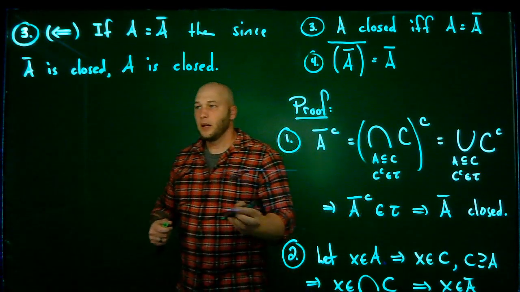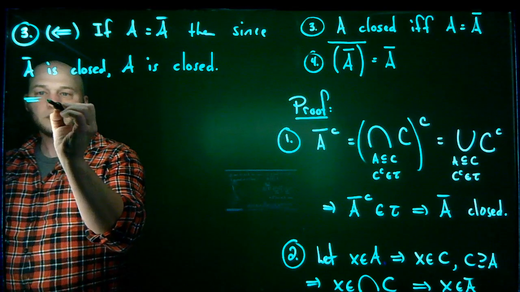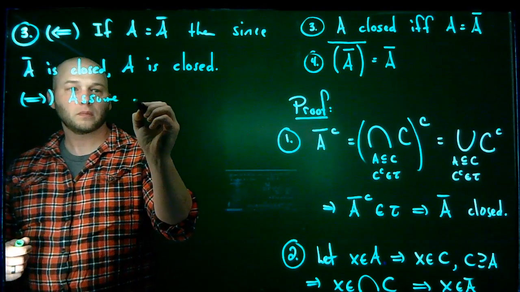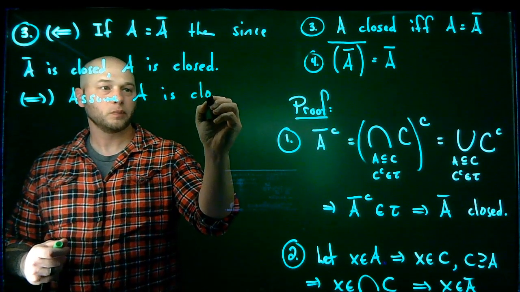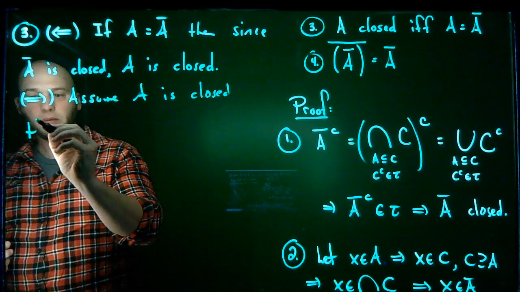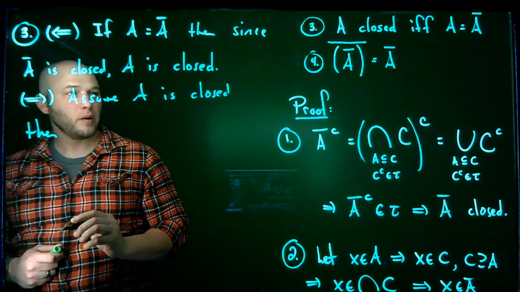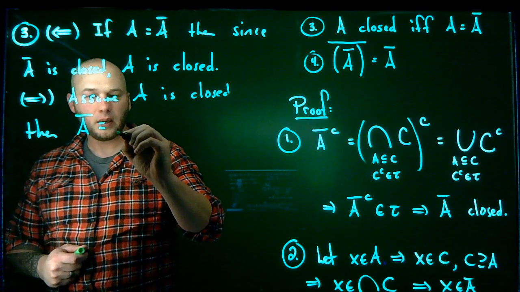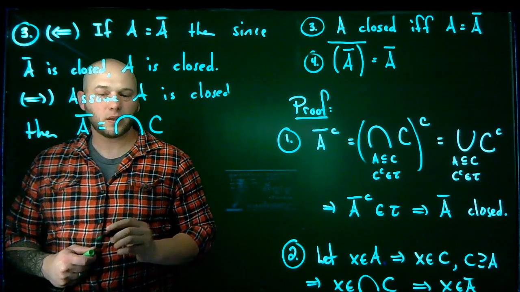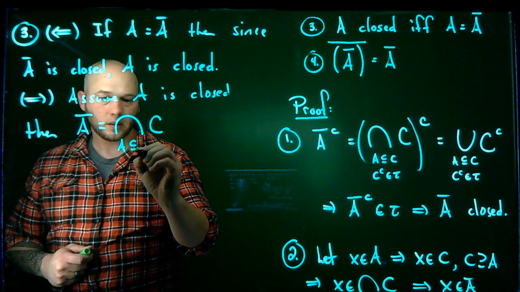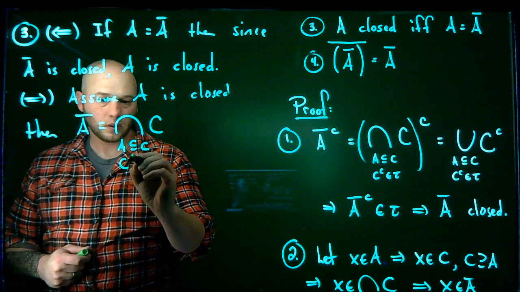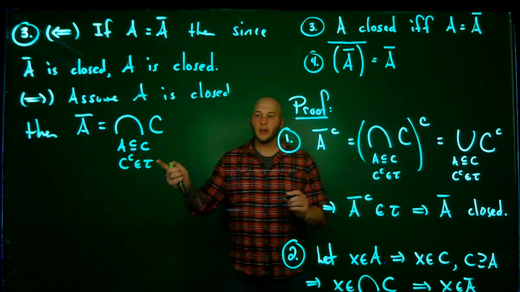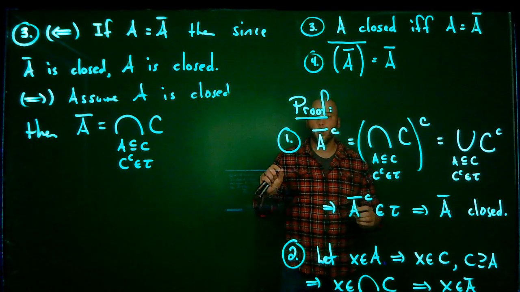On the other hand, let me prove the other direction. Assume A is closed, then remember that the closure of A is the intersection of the closed sets C, where A is contained in C, and of course C is closed, or equivalently its complement is open. Well, amongst that collection of C's, A is one of them.